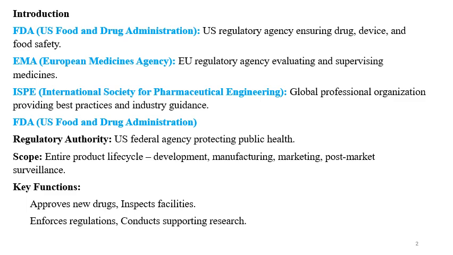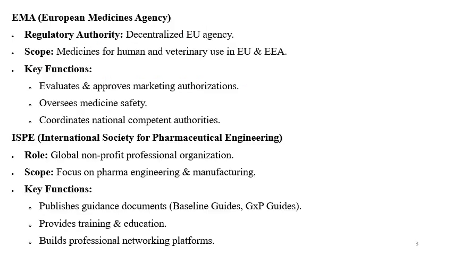Its scope is the entire product life cycle, starting from development, manufacturing, marketing, and post-market surveillance, and key functions are approval of new drugs, inspection of facilities, enforcement of regulations, making guidances, and conducting supporting research. This is the general information about the US FDA.